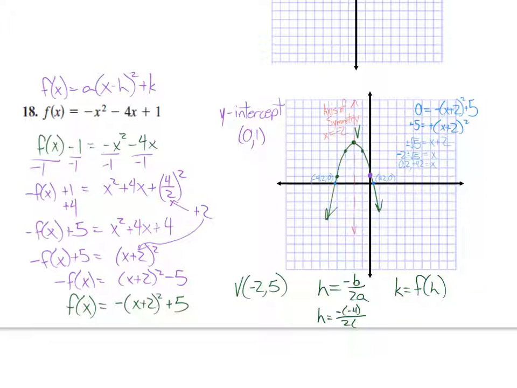A is -1. Wait, where'd you get -4? Oh. Yep, we've got the minus here, so that's a -4. Okay? So now I know h is 4 over -2, which equals -2, which is the same thing we got when we had completed the square. Okay?